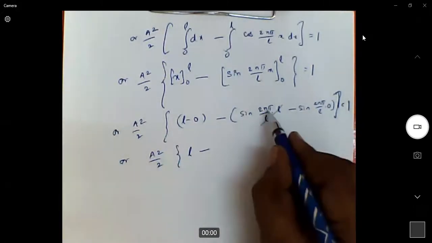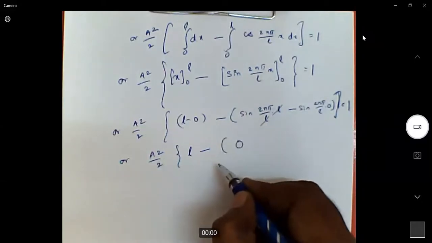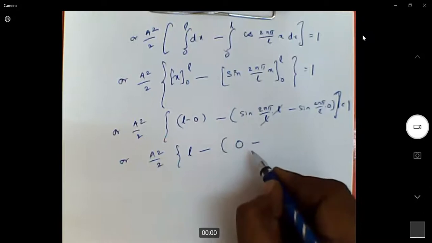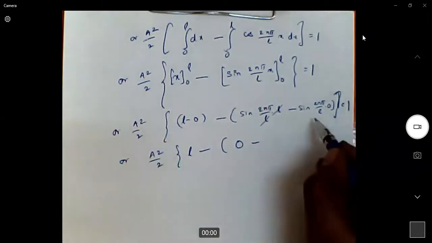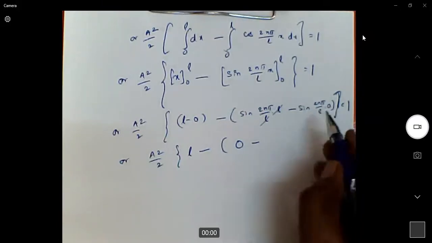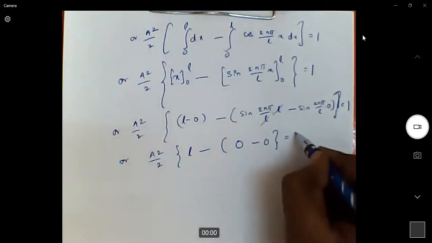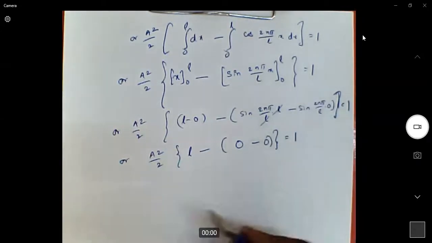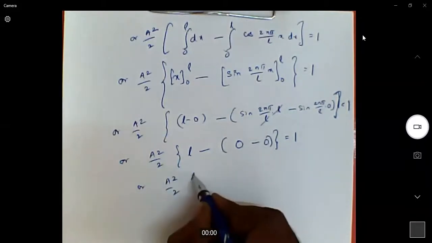So sin 2n pi, sin 2 pi, it is 0, minus sin(2n pi by L into 0), sin 0 is again 0, is equal to 1. Or a square by 2, and what is remaining? It is L only.